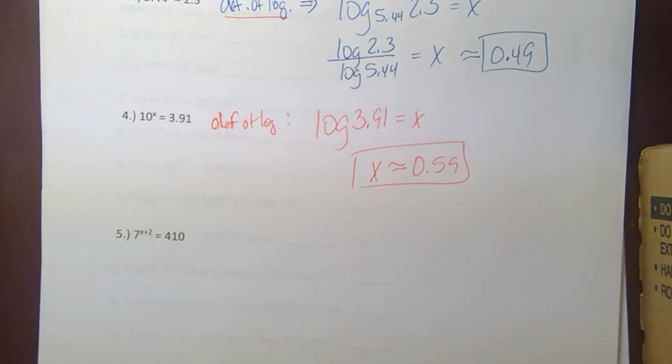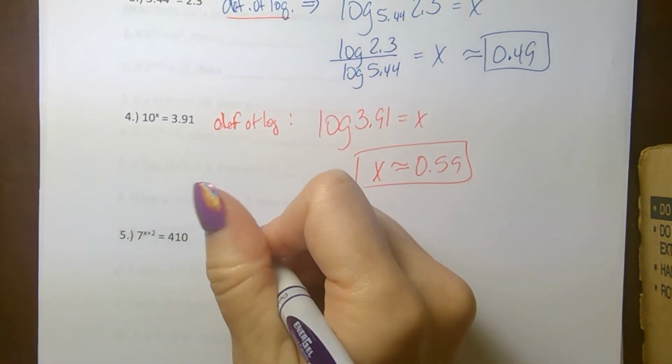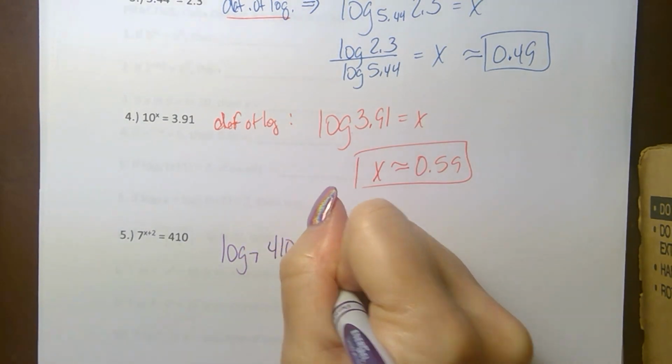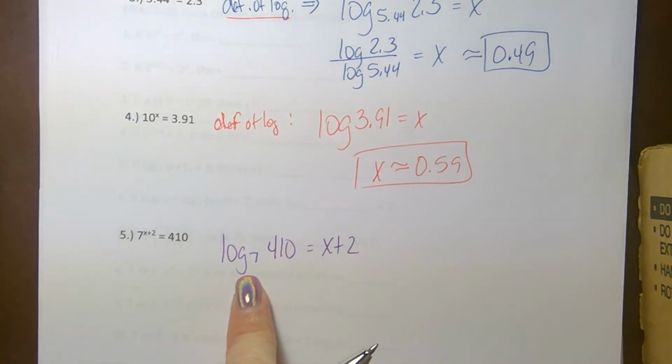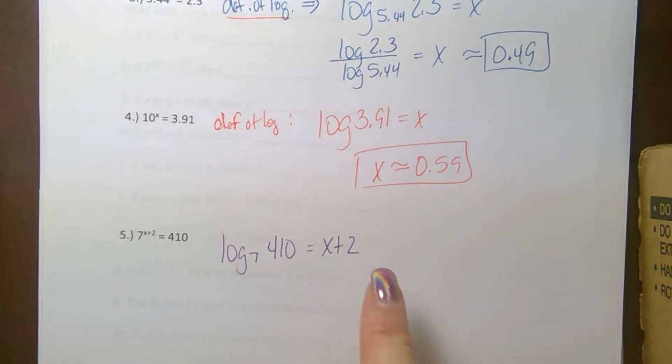Number 5, working through it the same way. Definition of logarithm, because my exponent has my variable, I have to pull that out. Log base 7 of the argument 10 is going to be equal to x plus 2, because my exponent is x plus 2. So in order to solve this, I need to use change of base here, and then after I've done change of base, I subtract 2 from that amount.